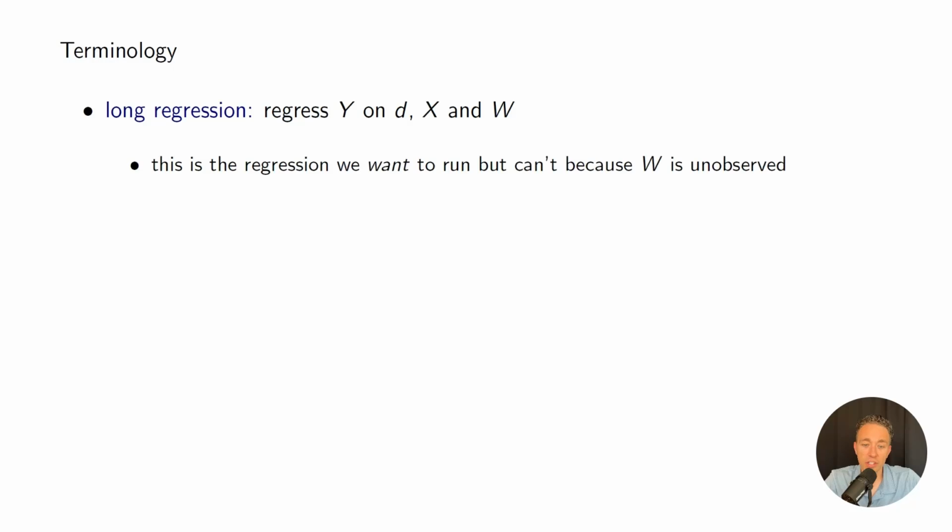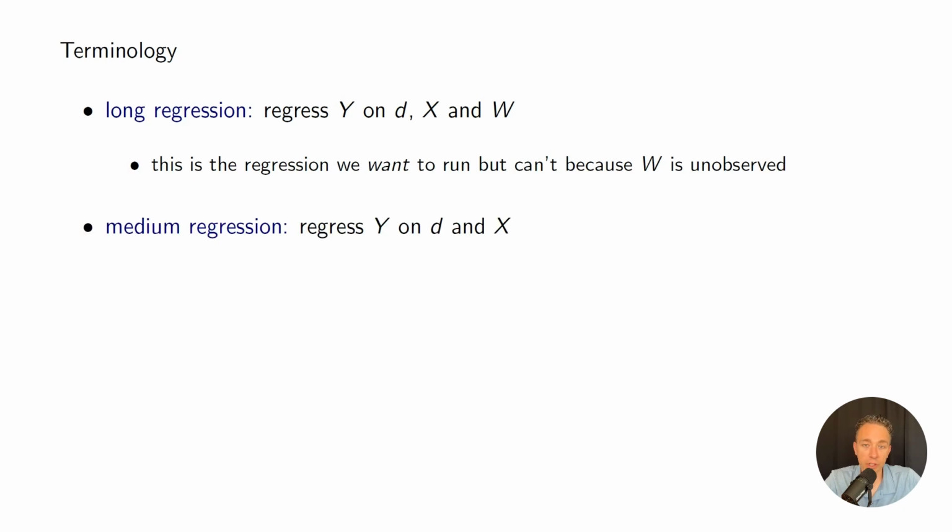Let's also establish some terminology before we go further. We're going to talk about a long regression, which is the regression that we would like to run, but that we can't run because we can't see W. So in the long regression, the coefficient on D would be equal to the causal effect.